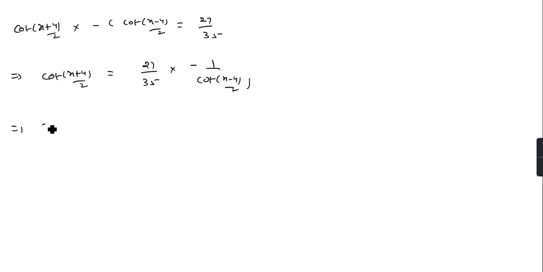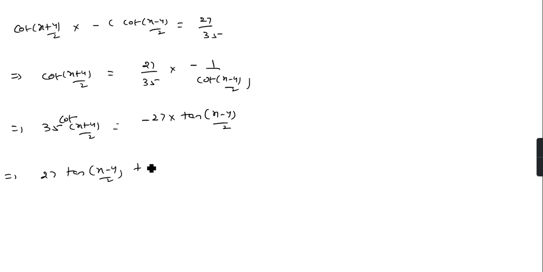Therefore we get 35 cot of (x plus y) by 2 equal to minus 27 into 1 by cot. 1 by cot is nothing but tan of (x minus y) by 2. So the minus will be converted to this side, and we get 27 tan of (x minus y) by 2 plus 35 cot of (x plus y) by 2 is equal to 0.